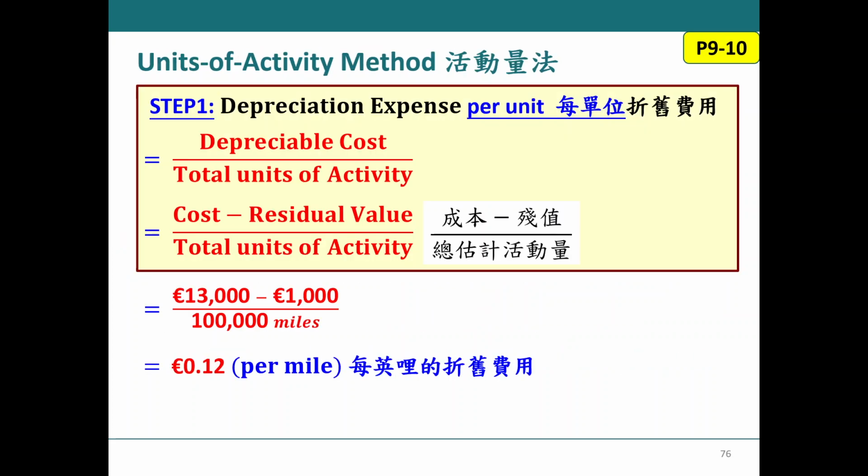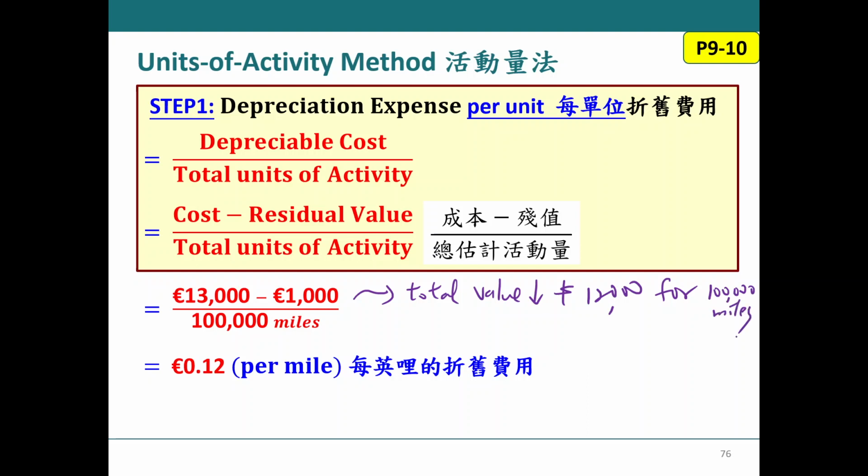Based on this, step 1, cost minus residual value, which means my total value decrease, $12,000, right? So I know total value decrease $12,000 for 5 years, or for 100,000 miles.